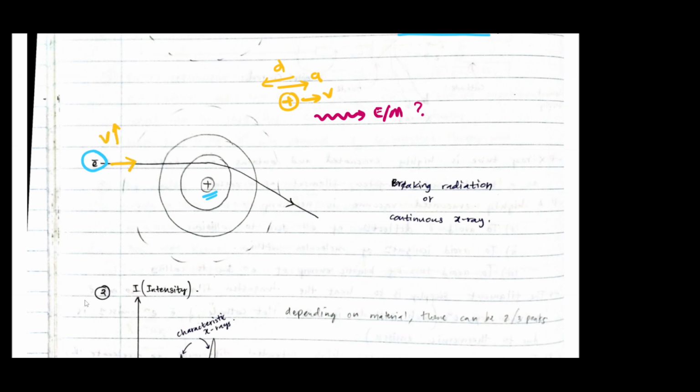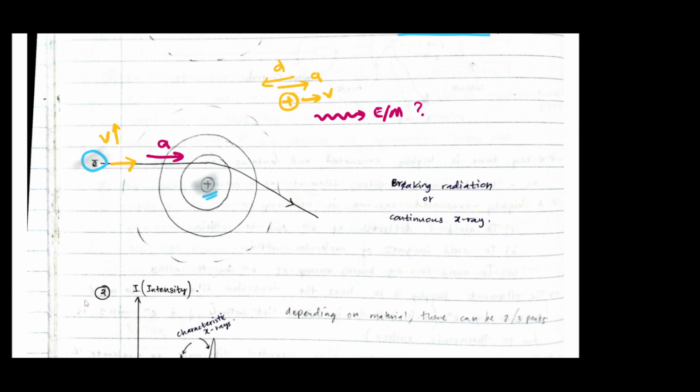Why? Because the electron is being attracted by this central nucleus, which is positive. So here we have an acceleration. So when charges are accelerated, they emit electromagnetic radiation.